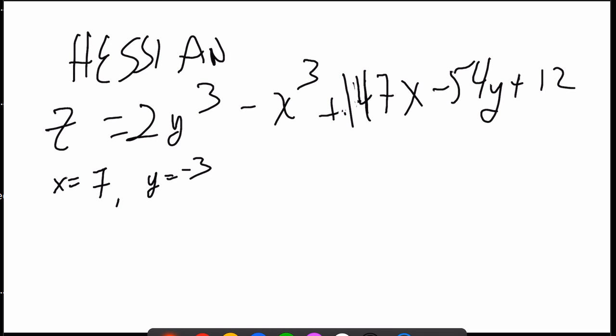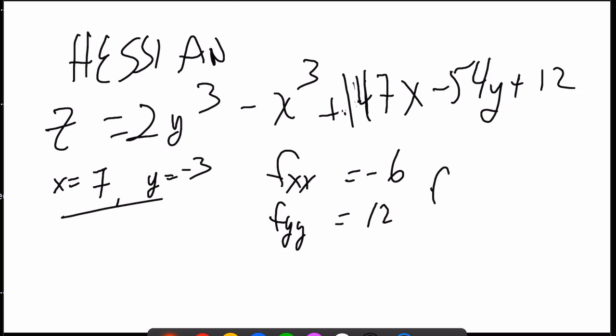The first derivatives of that, right? And then we got the second derivatives of that, back in your mind somewhere. The second derivatives, fxx, was minus 6x and fyy was 12y.